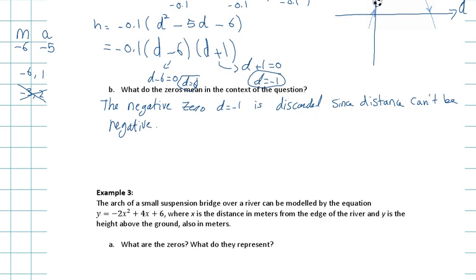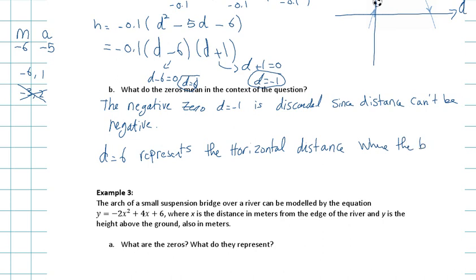And D equals 6 represents where the ball, horizontal distance where the ball hit.